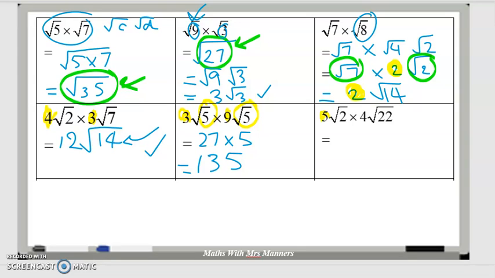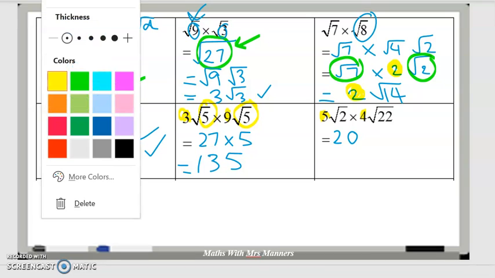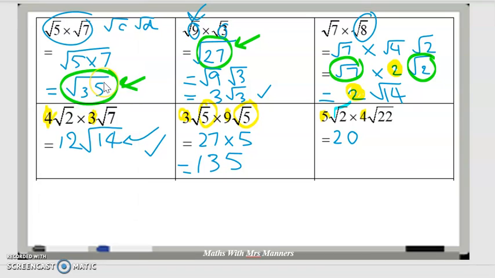Once again, numbers in front of the square root sign I will multiply. That gives me 20. Surds, so the numbers under the square root sign, I can also multiply, that and that. That gives me root 44. And hopefully you're thinking about, does it reduce? Well, yes, I know that under that square root sign, I can put that square number 4. 4 times what gives me 44? 4 11s.